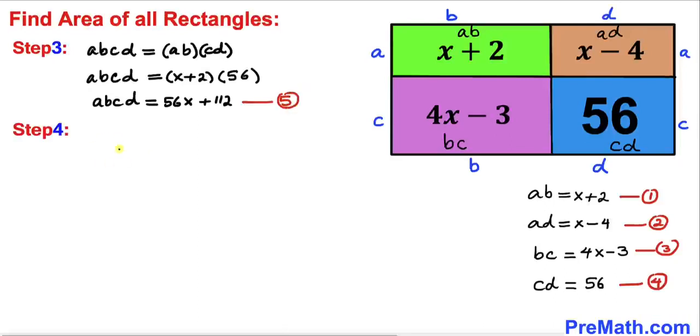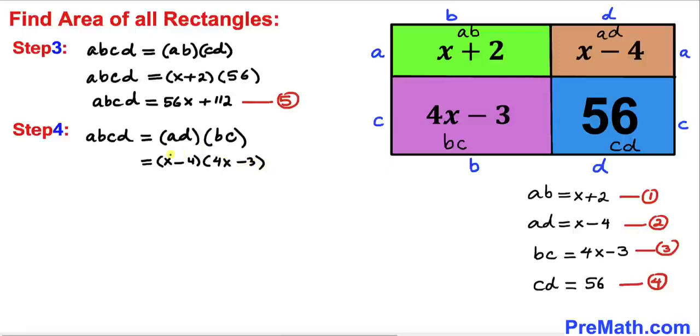And now in this next step, I can manipulate this ABCD. I can write it as A times D times B times C. And we know that A times D in our case is x minus 4 in equation 2. So I can replace this one with x minus 4, and then I can replace this B times C with 4x minus 3 from equation 3.